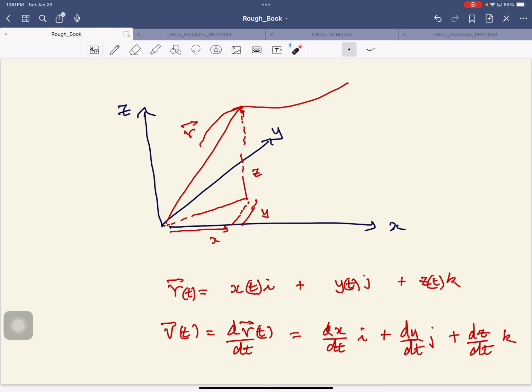So what we're going to do is not add rotational motion to our motion. We're always going to treat all our objects as point particles for now. What that means is every point on the object has the same velocity and the same acceleration.